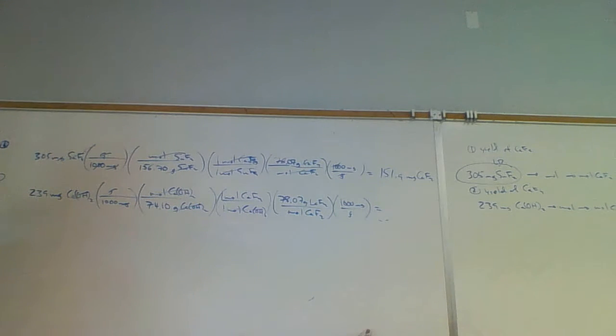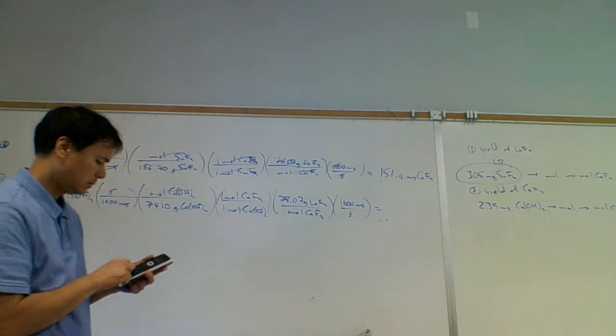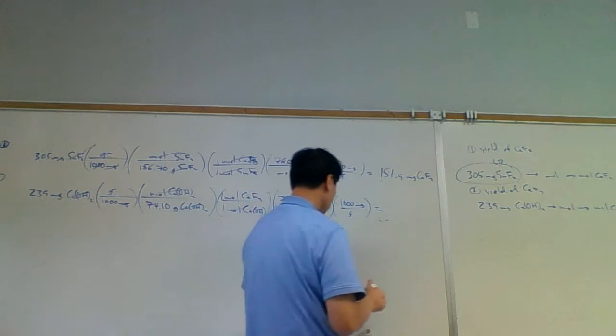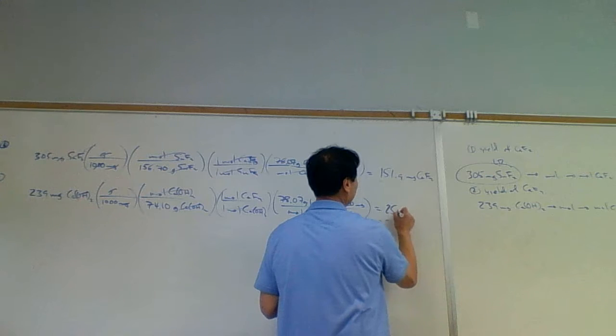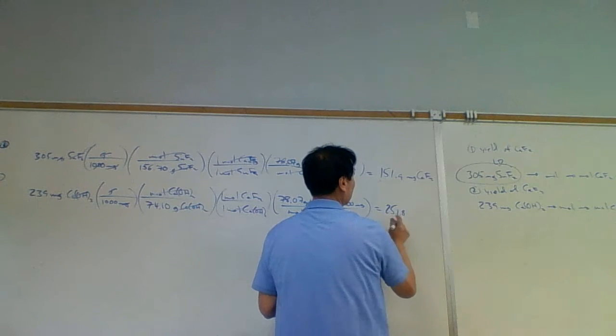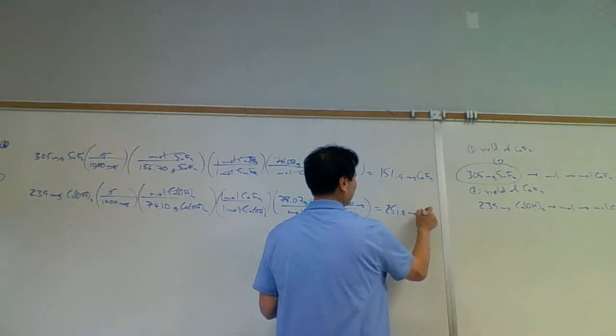So, what do we got? We have 239 divided by 74.1 times 78.07. 251.8. 251.8 milligrams of calcium fluoride.